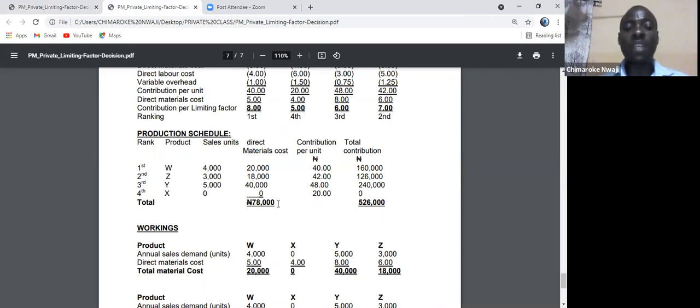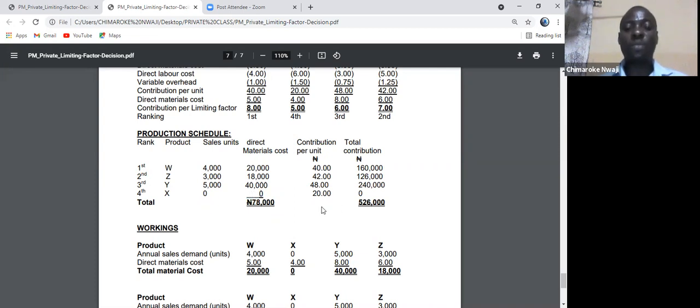We need 78 here, so the difference will be 40. Y has told us we need 48, but 40 is available, so we'll resort to using 40. 40 divided by 8 will give us 5,000, or simply put, 5,000 times 8 will give you 40. When that is done, X is 0.